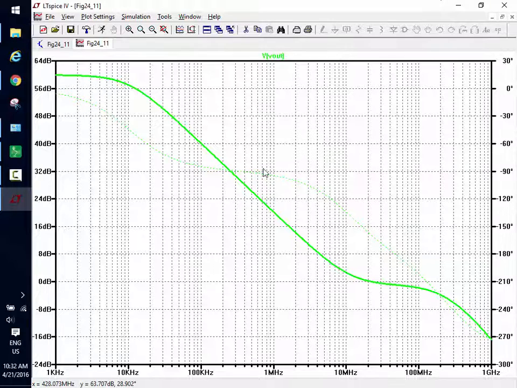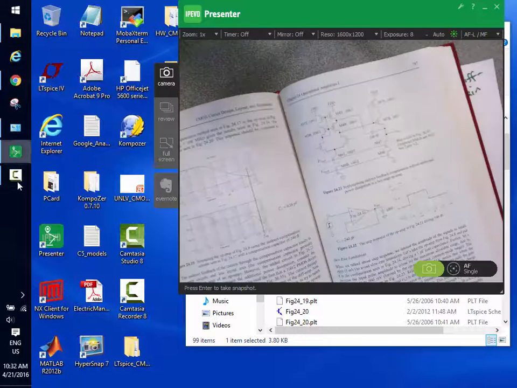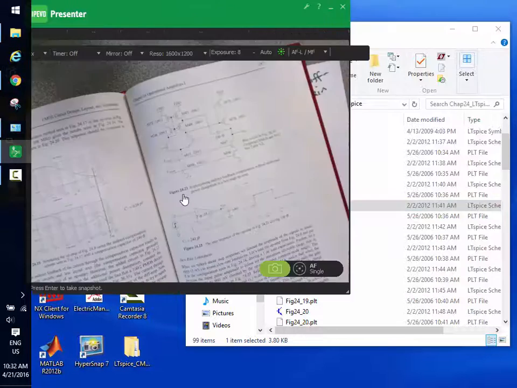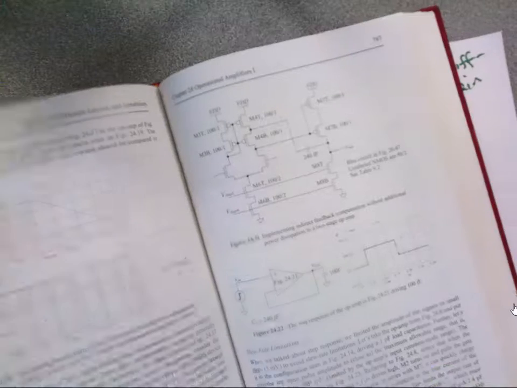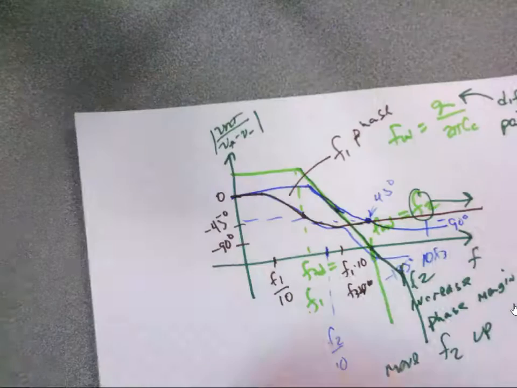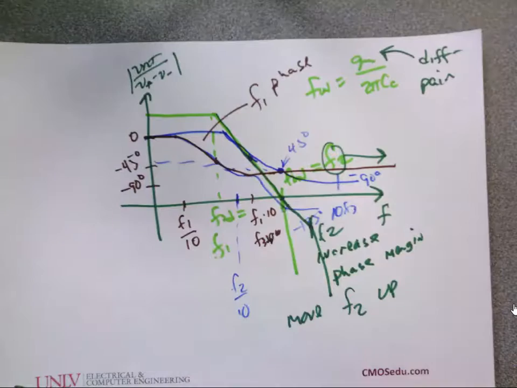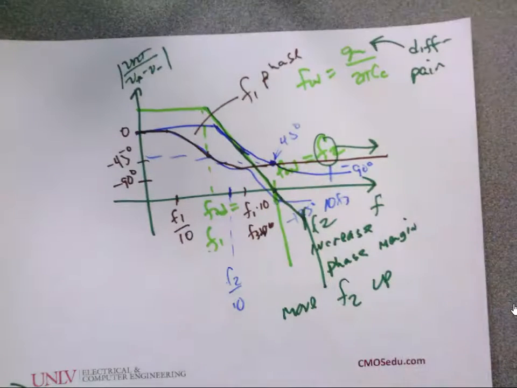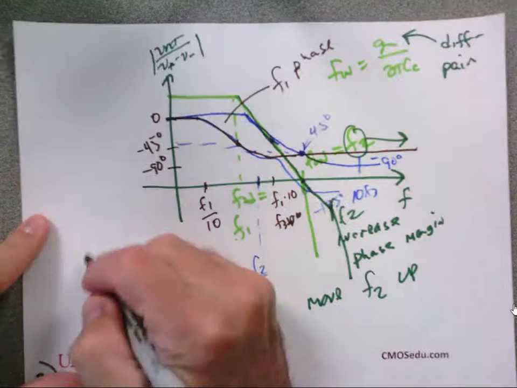Okay. So now, if I go back and I ask what I just said about the comment, about changing the widths, the only other place you would want to change your width, other than when you do the initial design, you select a width so that you get your slew rate limitation, so you know how much current charges your compensation capacitor, is in the diff pair.